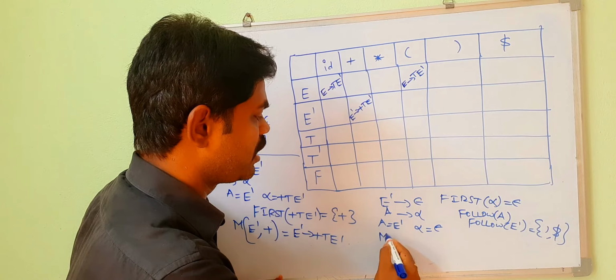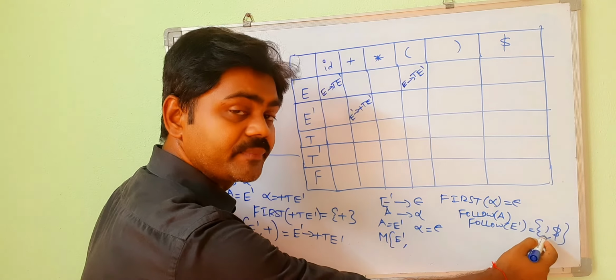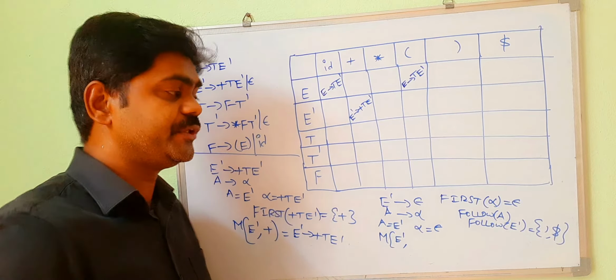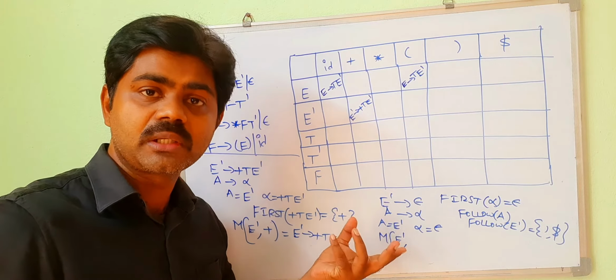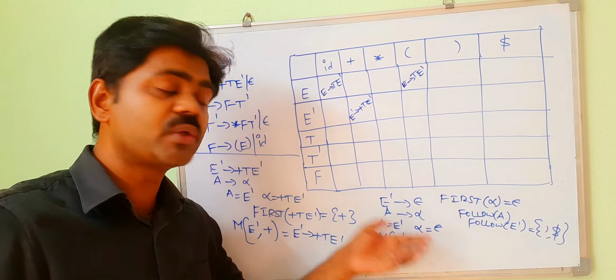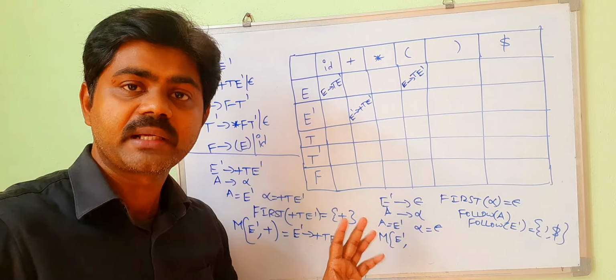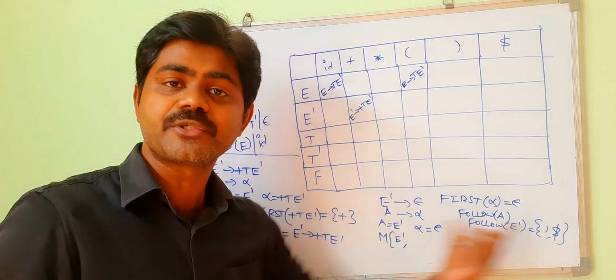So M of A, what is A? E dash. What terminals did we get? Why do we use follow of A? We have one rule: if first of alpha equals epsilon, then in that case only we should take follow of A. And what terminals did we get here? We should write the entries.